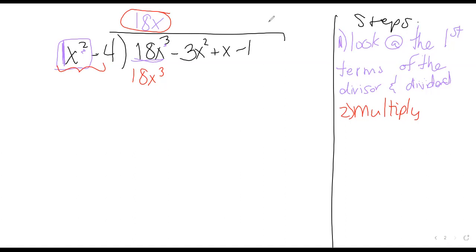Now the 4. First off, it's a negative, so I have to keep that negative sign. And now I have to do 18 times 4, which is what? You can use a calculator. 72. So 72. And then I just have one x.